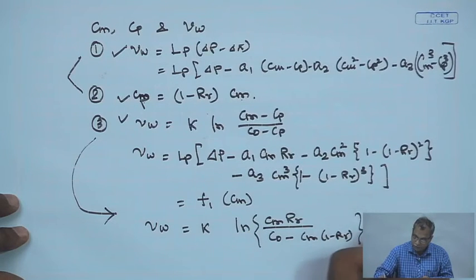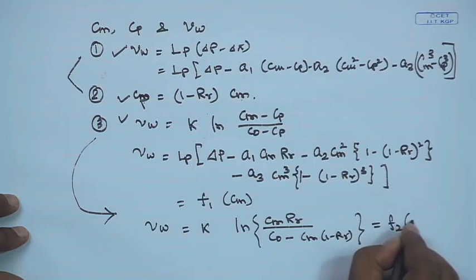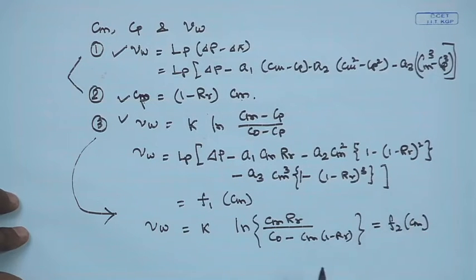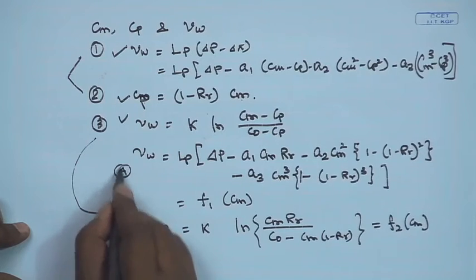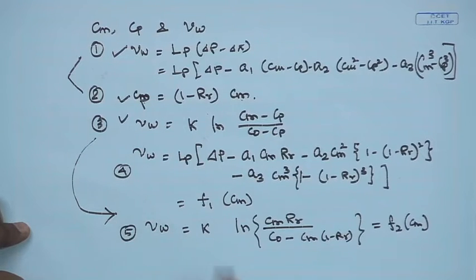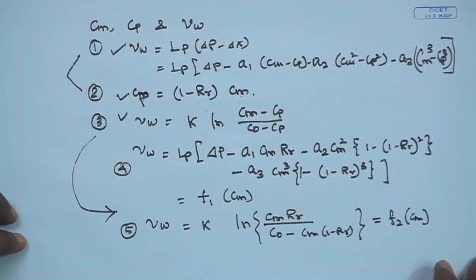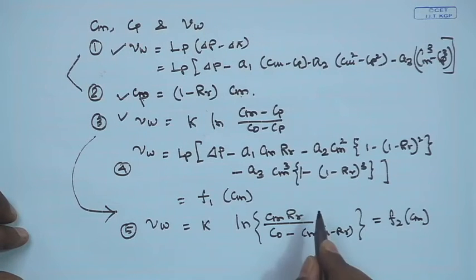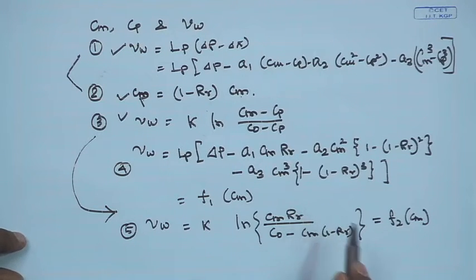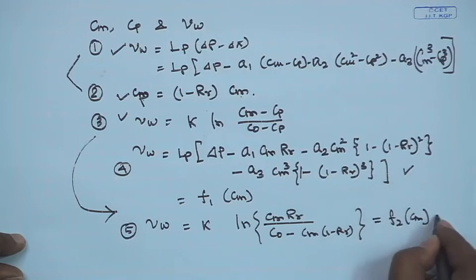Now, this will be another function of Cm. So, this is equation number 4 and this is equation number 5, and now we have two equations and two unknowns only, because we have eliminated Cp in favor of Cm in both equations. Equations 4 and 5 are the two resultant equations.